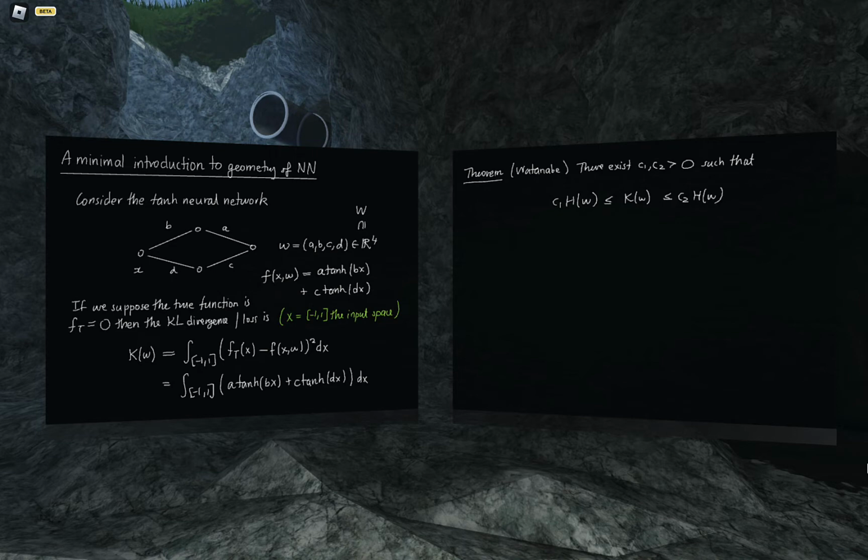So there exist positive constants C1 and C2 such that K of W satisfies these inequalities, where HW is what we call the equivalent polynomial.